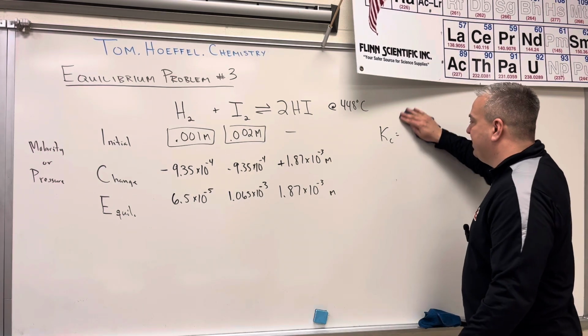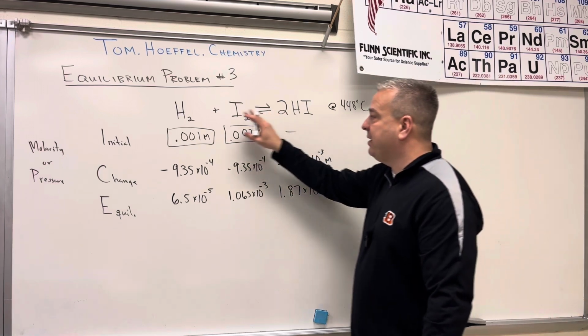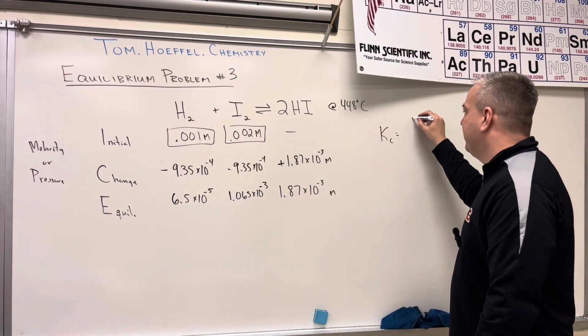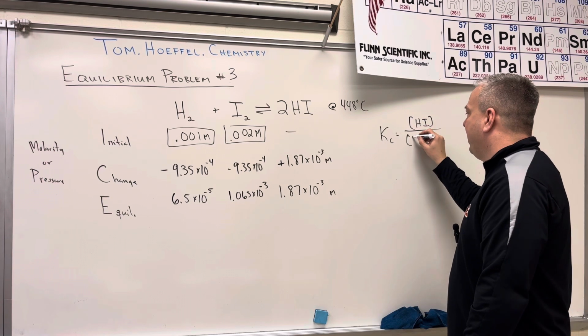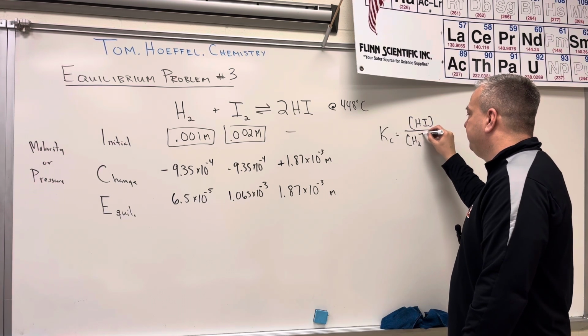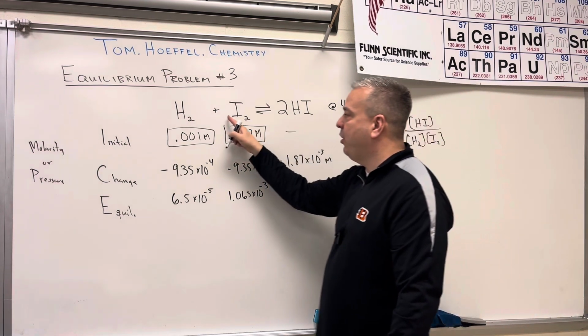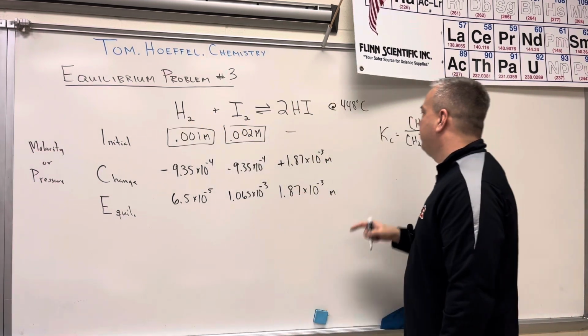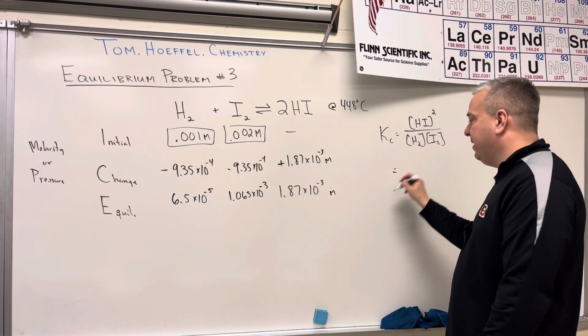We're just going to plug this information into our equilibrium expression, which is the products over the reactants. So this is going to be HI over H2 and I2. Now remember, the coefficients are the exponents. So we have an exponent on the HI. So we're going to plug in these values.